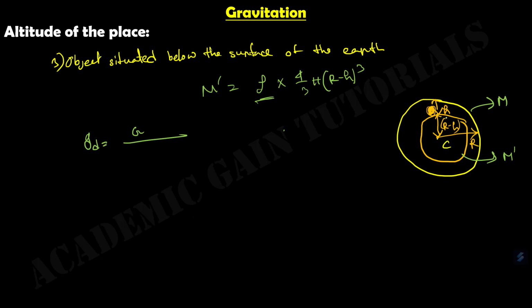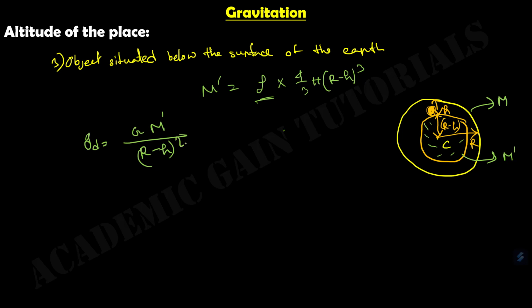Here we will consider the value of this sphere, because when the object is at depth, we consider the sphere at that depth. So this is our sphere. We will consider m equals to m prime.